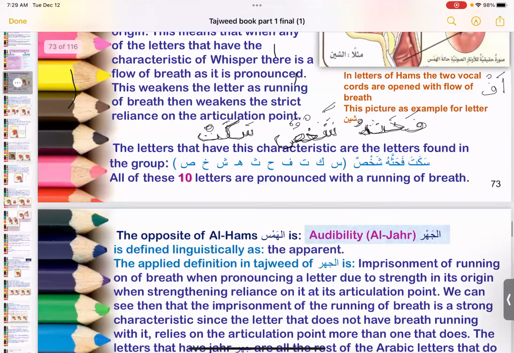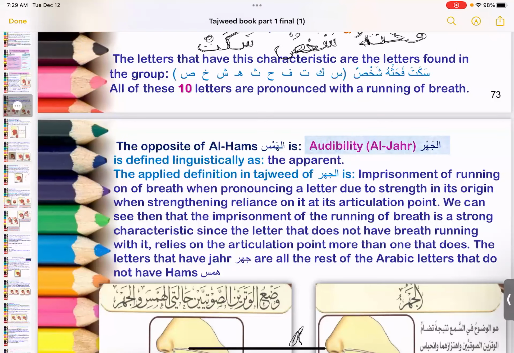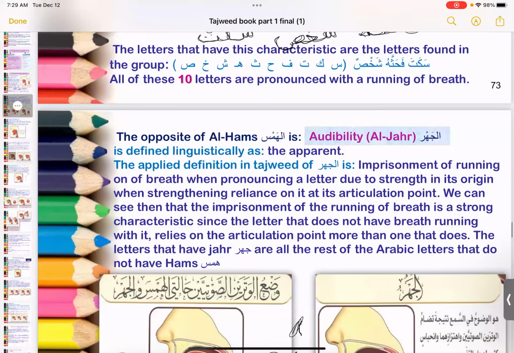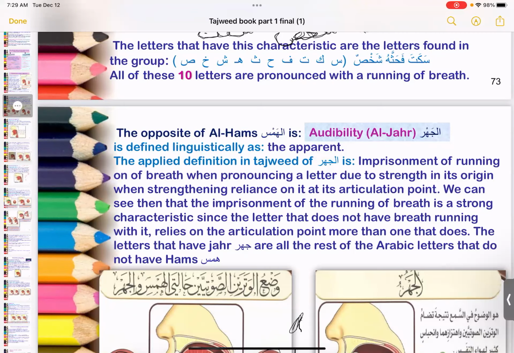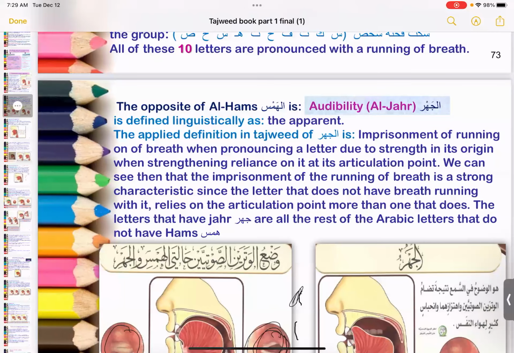Now we look at the letters of Jahar. Jahar is again the opposite. As I said, we are looking at opposite characteristics, and this has to do with the running of air. But in the Jahari letters, there is no air running. All the letters of Hams have air running.